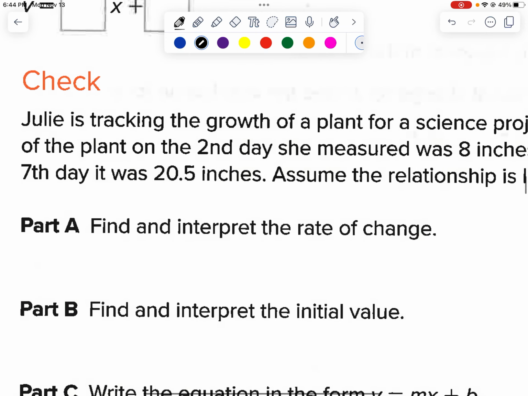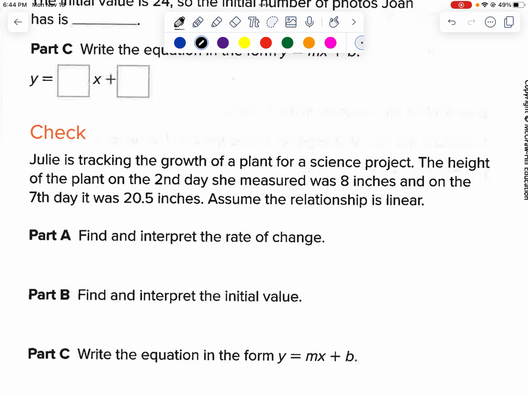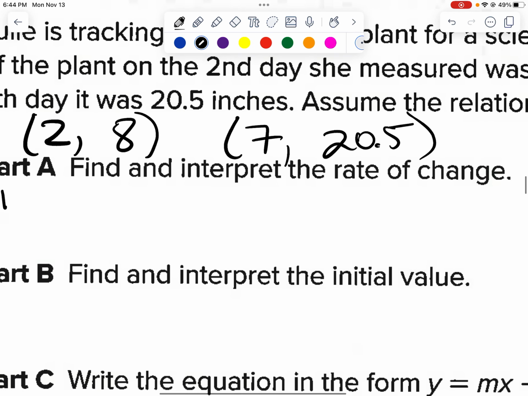Okay, so we don't actually have a rate here. We have 2 days, 8 inches. We have 7 days, 20.5 inches. So we need to find the slope.